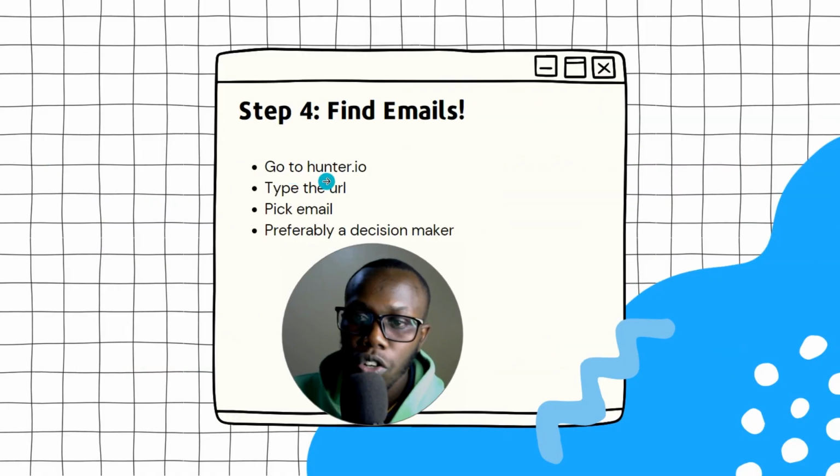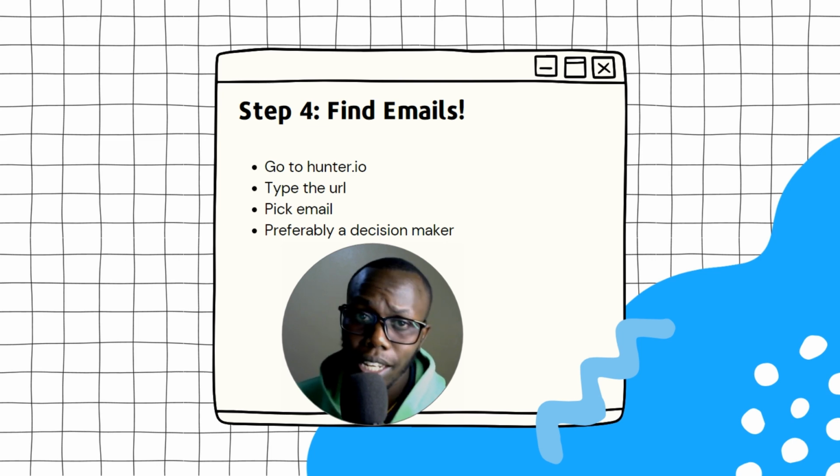Step 4, we've said you go to hunter.io. Once you have your list, you type in the URL as I've shown you. You pick the email address, preferably of someone who is the decision maker. So what we are looking for is someone in the content marketing team, maybe content marketing at domain.com. And then we are also looking for someone like a CEO.